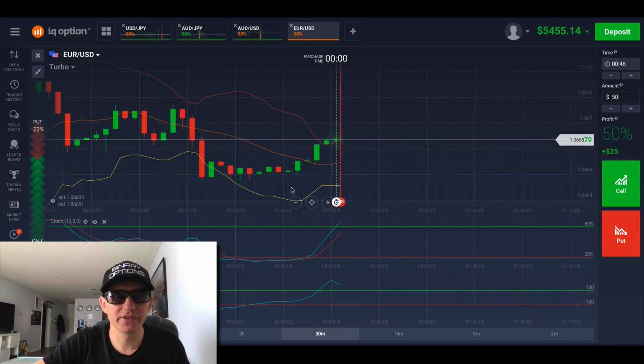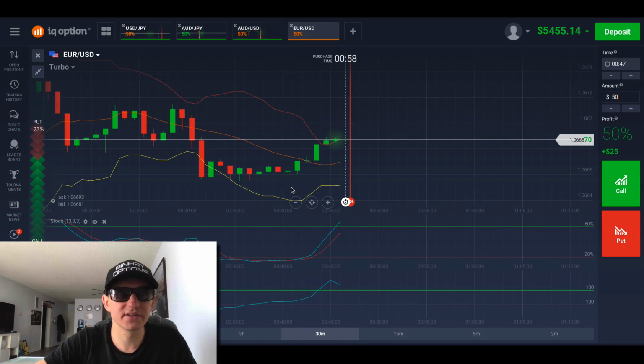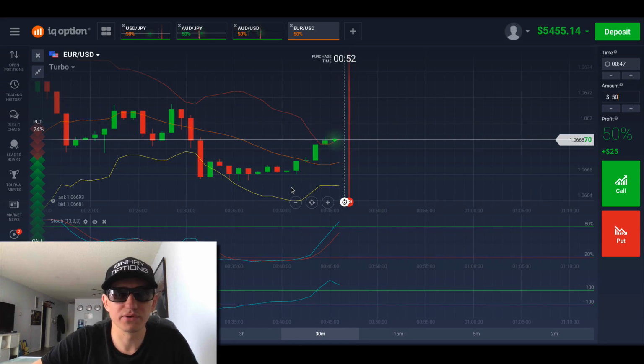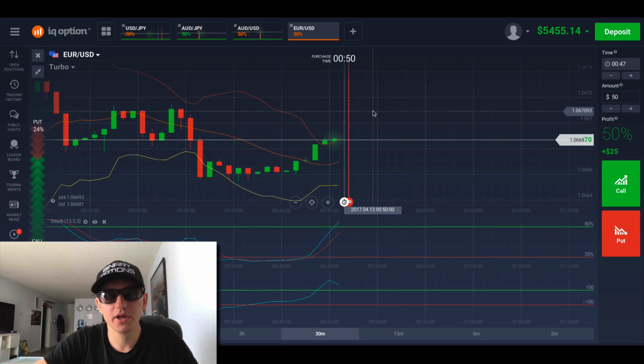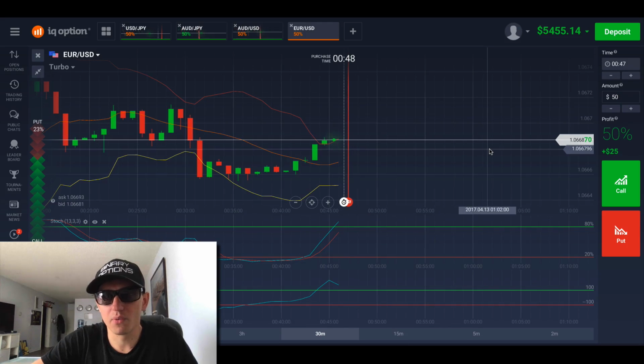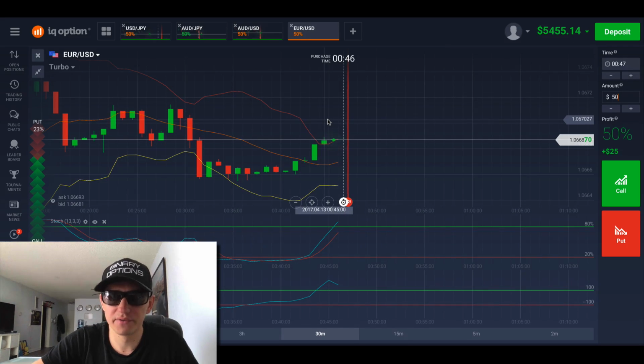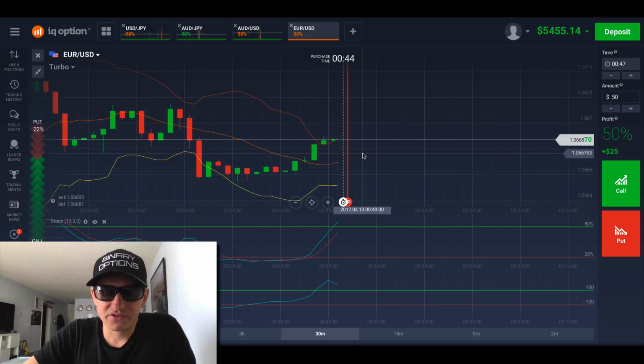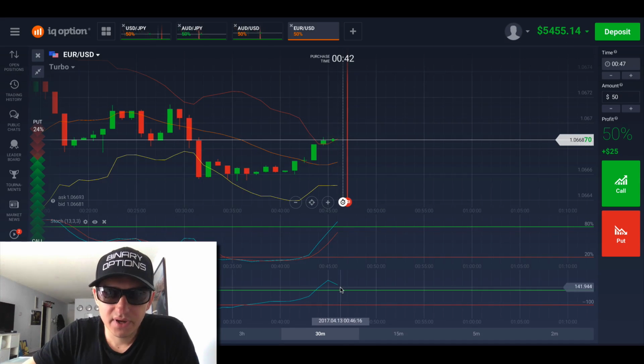By comparing the current closing price of an asset to its trading range, the stochastic oscillator attempts to predict the turning points of the price movement. That's why it is so important in our reversal trading strategy.